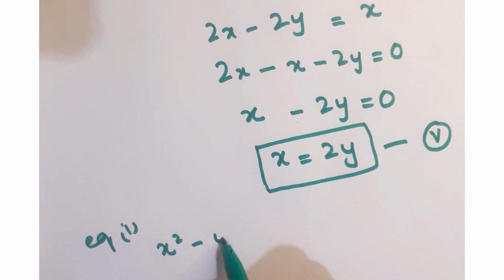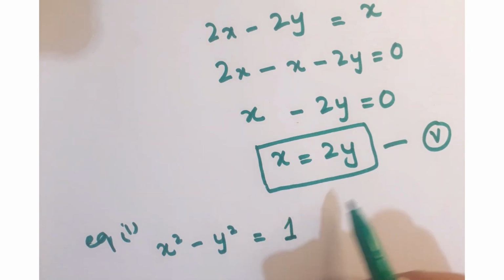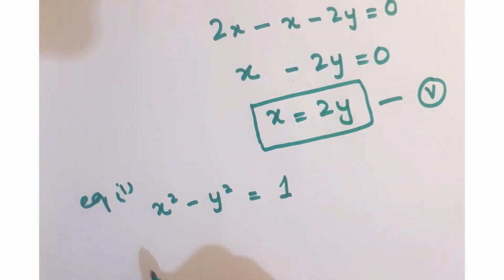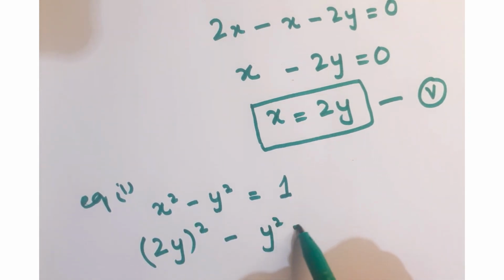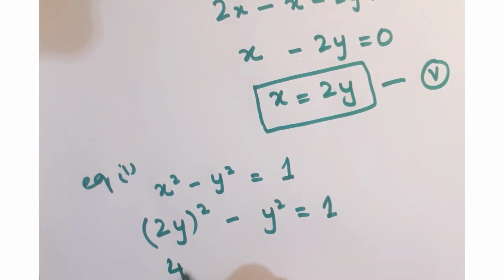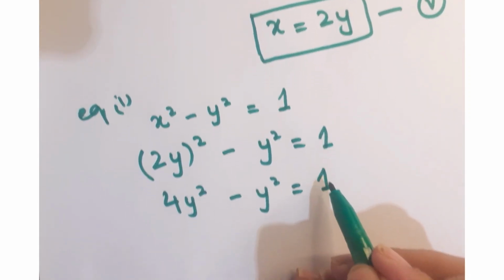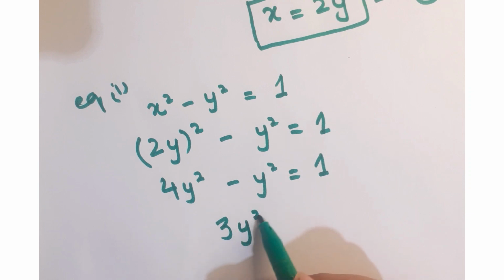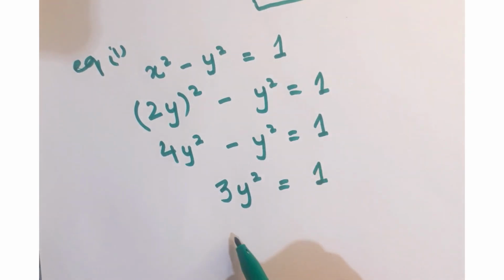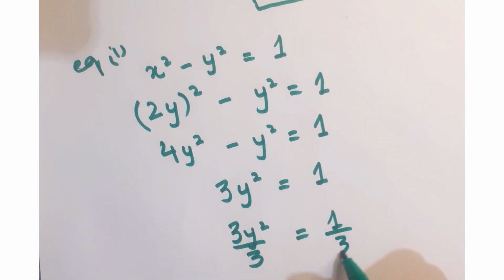Now put this value of x in equation number 1. Equation number 1 is x square minus y square is equal to 1. Now substitute x is equal to 2y in place of x, write 2y. So you get 4y square minus y square is equal to 1. After simplifying, you get 3y square is equal to 1. Now we divide by 3 on both sides.